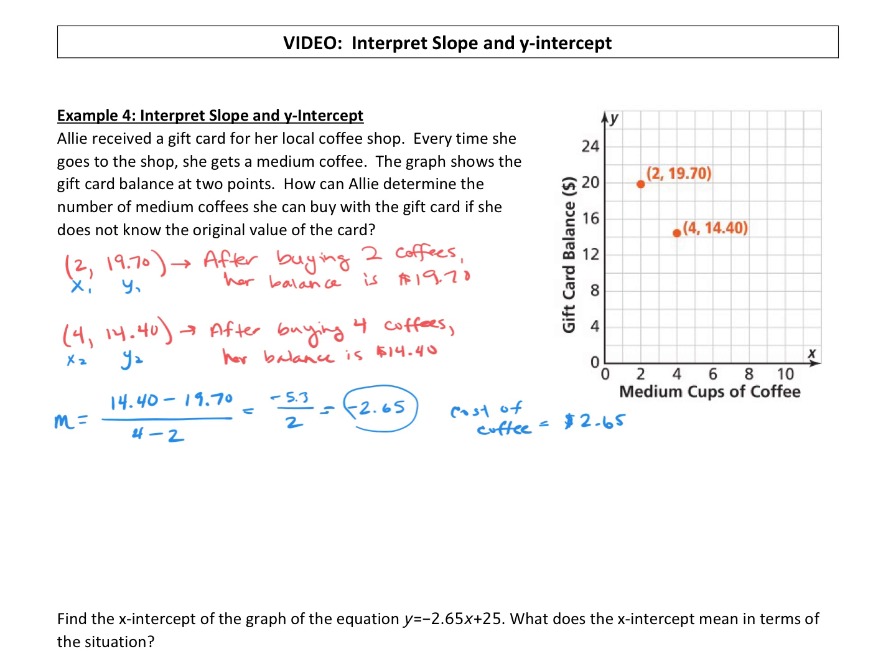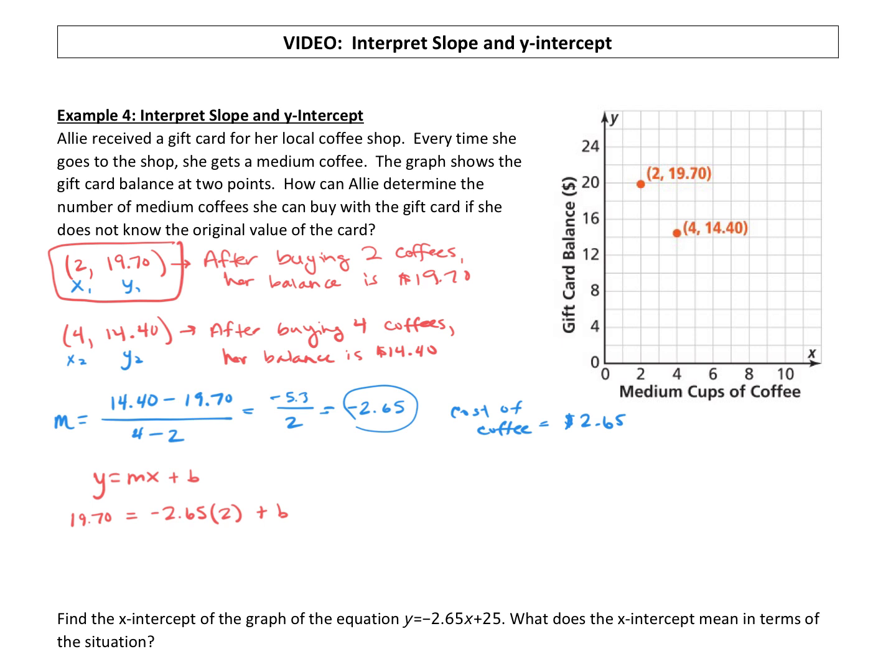To find the y-intercept, remember our nice little trick is we can use slope-intercept form, y equals mx plus b. We just found the slope. Now let's use, I just always grab the first point and let's plug in the x and the y and solve for b. So our y value is 19.70 equals our slope, negative 2.65, times the x value from that ordered pair, which is 2, and then plus b, and we will solve this for b.